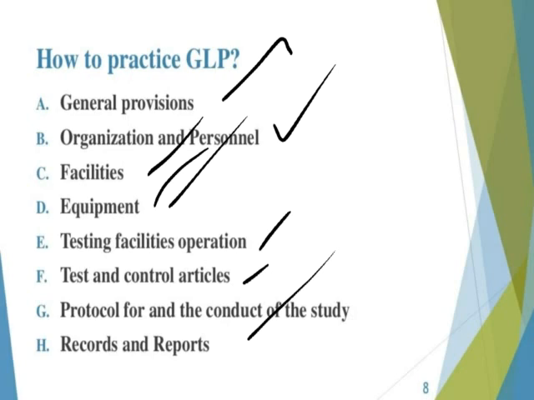They are providing the testing facility operations, the SOP for the test and control articles, and the protocols. They are maintaining the records and reports. All these parts come under good laboratory practices.